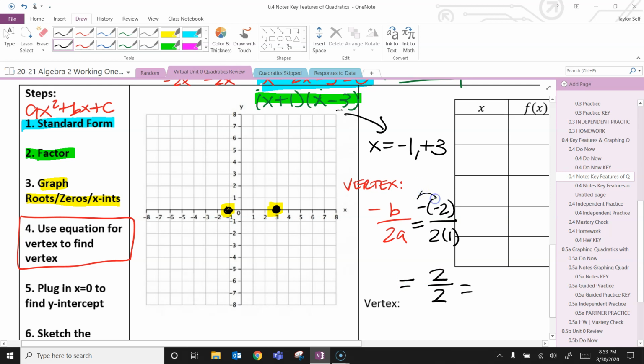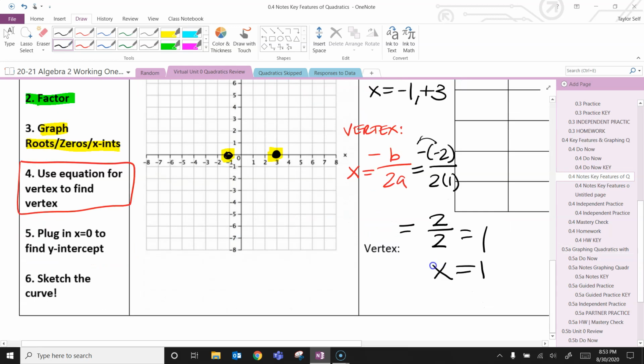So we have 2 over 2, which equals 1. Okay, so we have x, sorry, I should have written that before. X equals negative b over 2a. That's the x value. So let's make sure we write x equals 1 here.